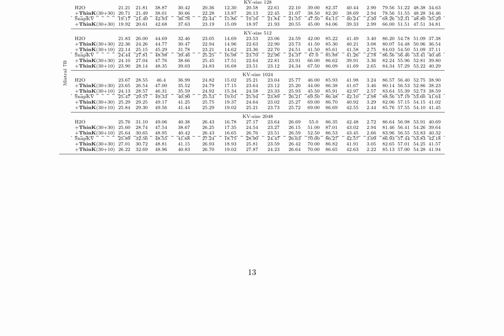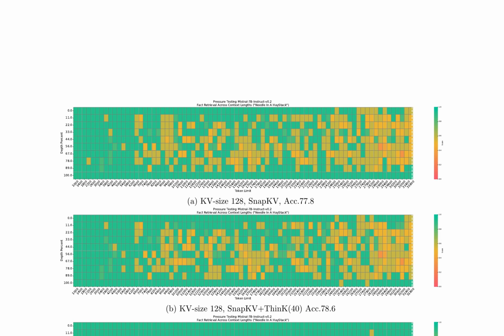The results show that the performance of these models varies across tasks and cache sizes, with H2O and SnapKV performing better in some tasks while Mistral 7B Instruct v0.2 excels in others. The addition of ThinK pruning to these models also affects their performance, sometimes improving and sometimes degrading it.